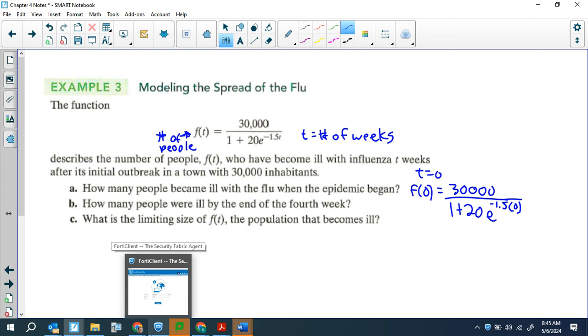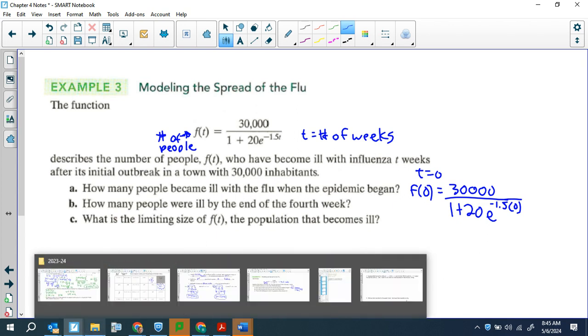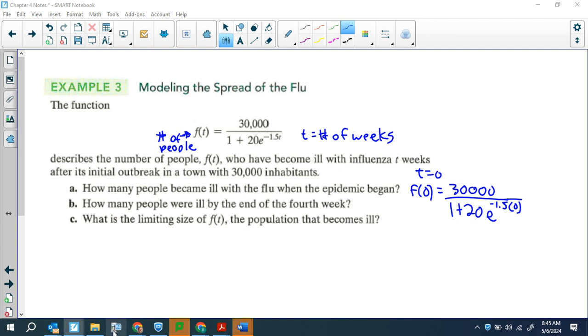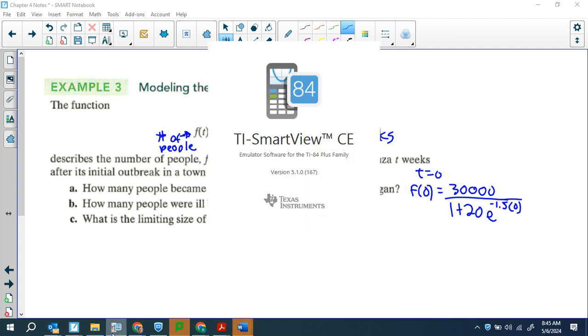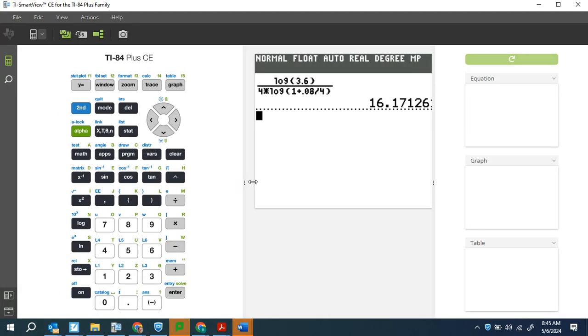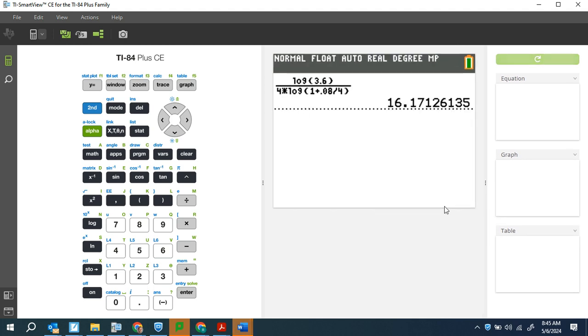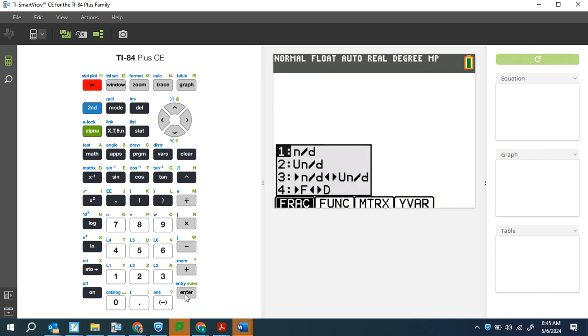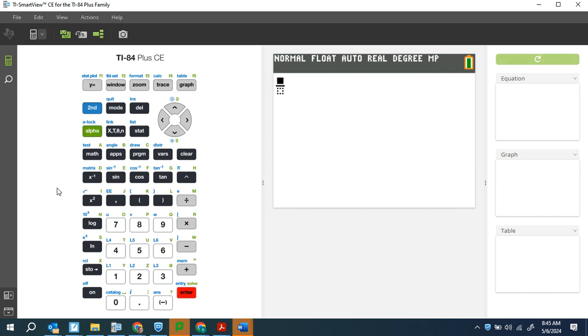And then you're going to get your calculator out and start typing this in. And I think it's always easier if you can use that fraction button on your calculator. So alpha y equals and then number 1. And we would do 30,000 on the top.